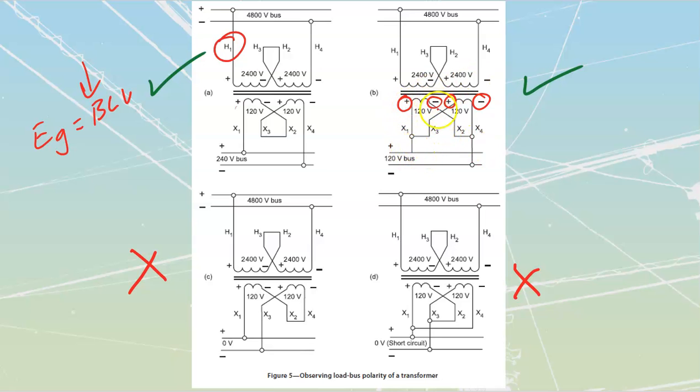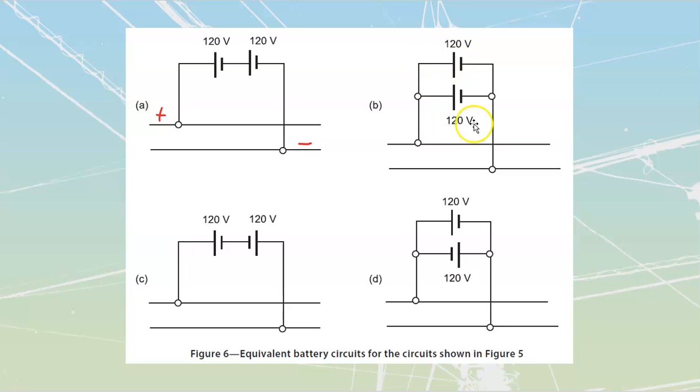These are sources. And then we're connecting this negative and this negative together and feeding them out onto a line as well. Two positives tied together and fed out onto a line to make that bus positive, two negatives tied together and fed out onto a line to make that a negative.